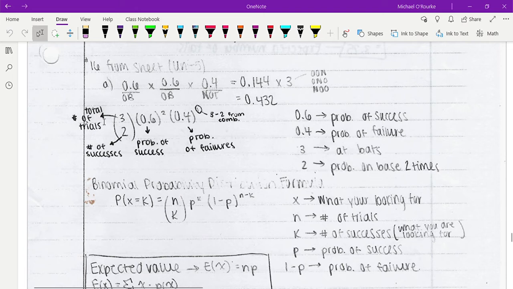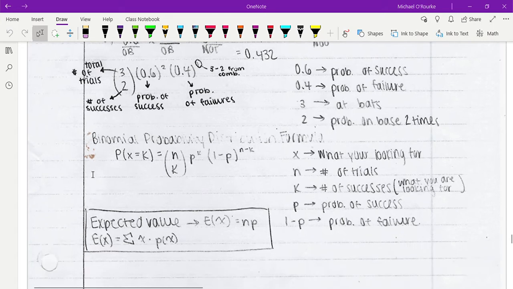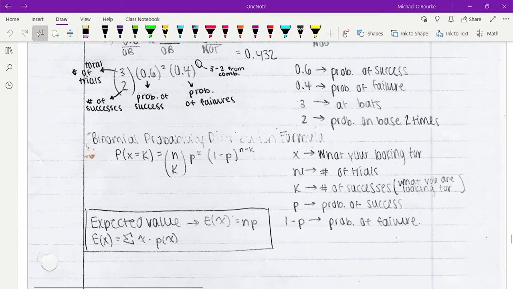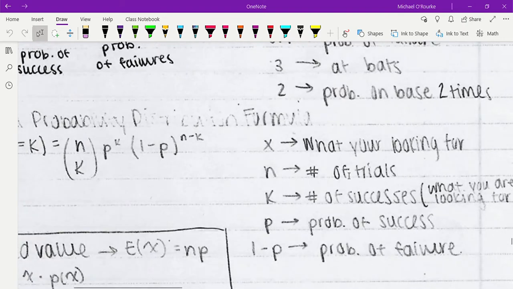What I would do with your formula here is write in, beside that formula, this.